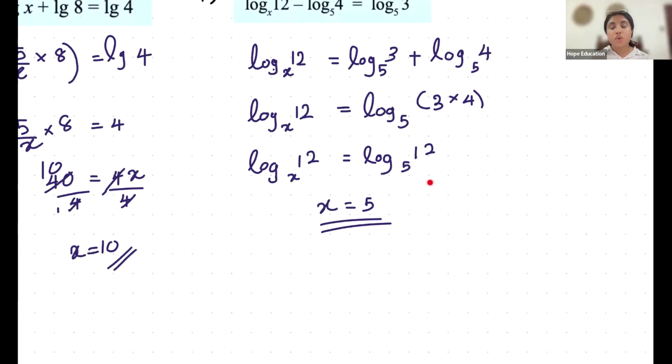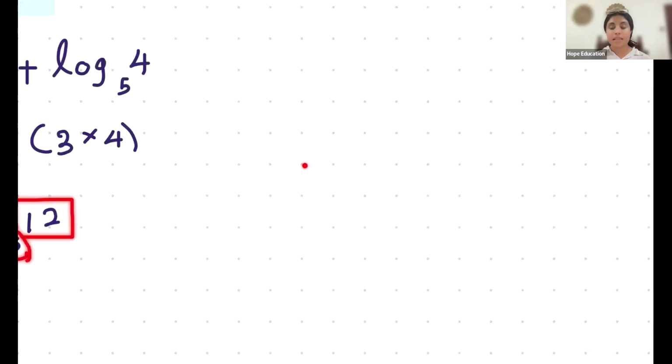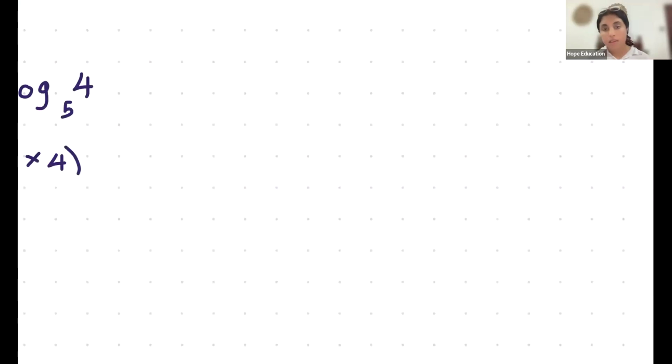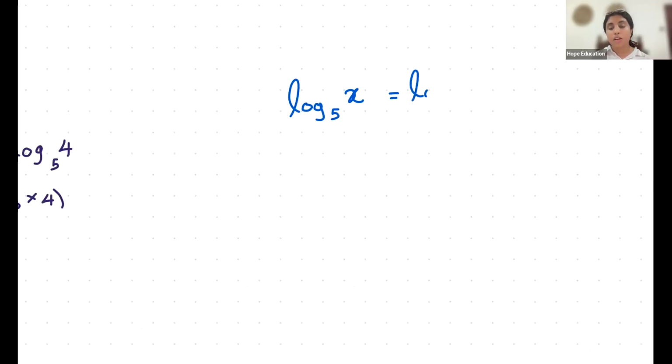Okay. So in logarithms, if this value is the same, the base automatically becomes equal. Like this. Now let's say log x to the base 5 is equal to log 12 to the base 5.